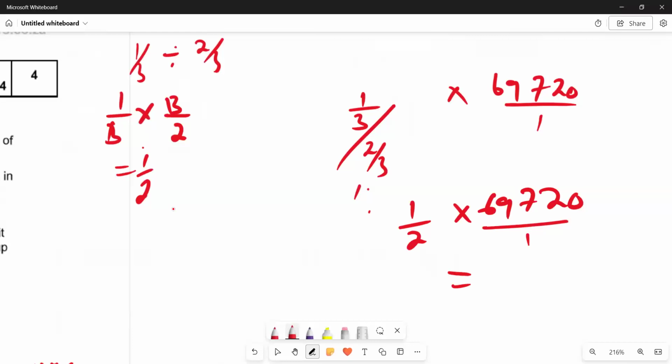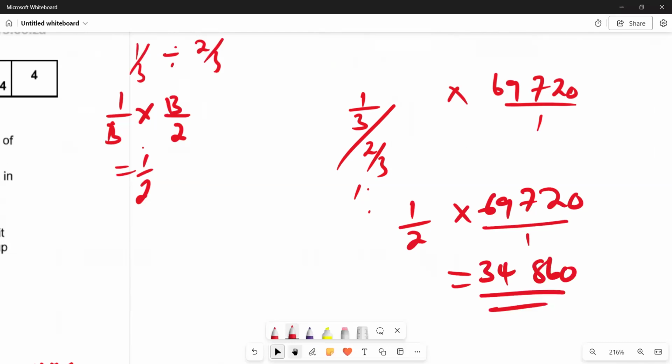If you take 69,720 and divide by 2, you're going to get 34,860. So this is representing the 1/3 that is not yet paid, 34,860. Remember, in accrual, we add it. So we add it to 69,720 to get the total for the period.